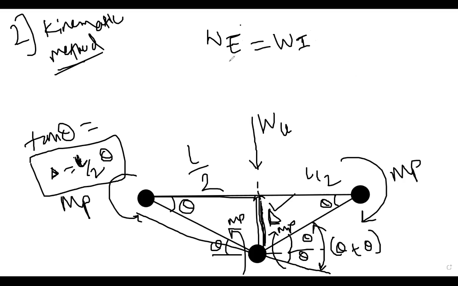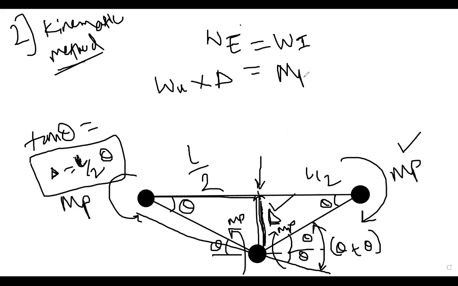So in case of plastic analysis, external work is due to the applied load, that is, load multiplied by delta, load into delta, and internal work is due to the MP. So internal work is equal to MP into theta, that is rotation.